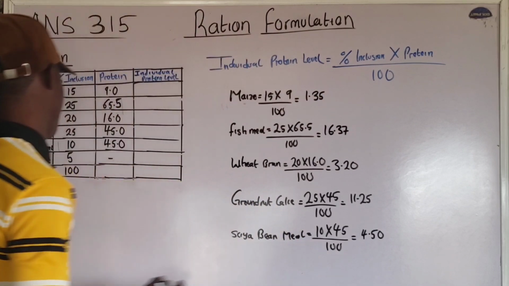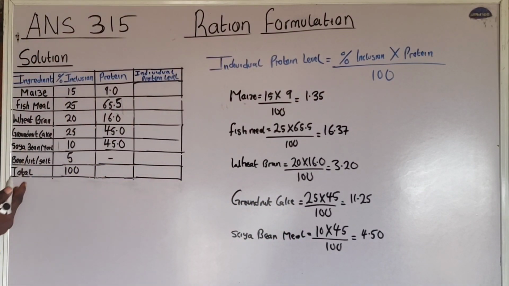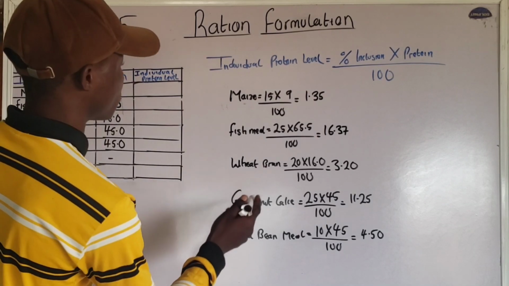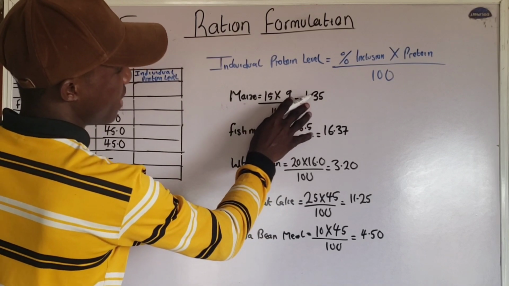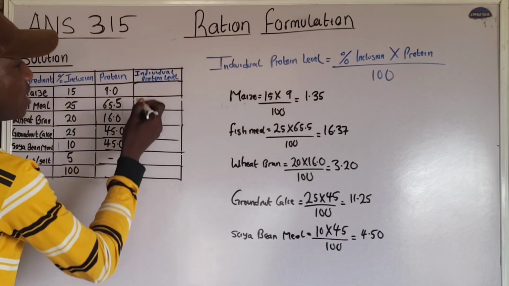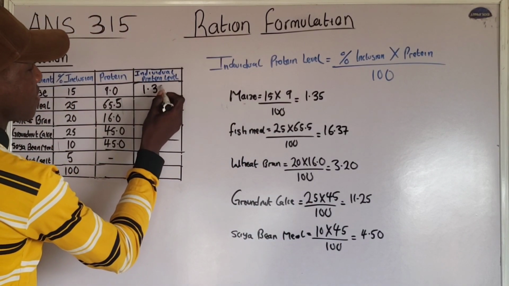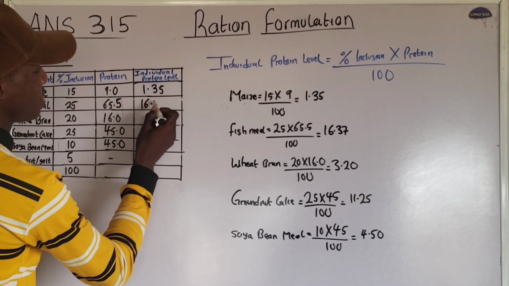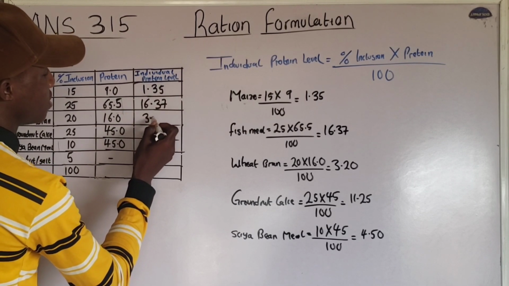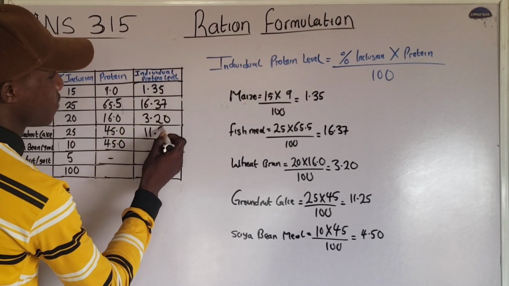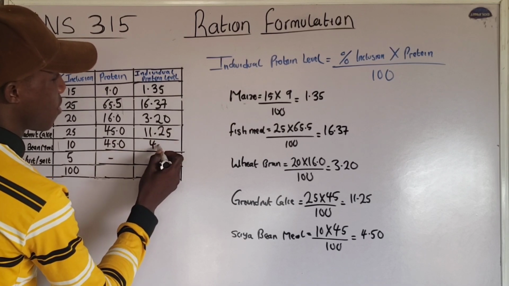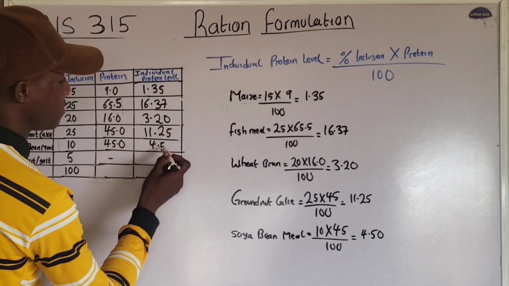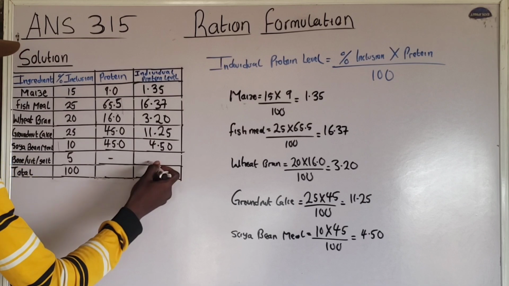Okay, so now you can see that for bone, vitamin and salt, if you multiply 5 times 0 divided by 100, that is undefined. You understand? So all we are going to sum together now are these five values. For this we have 1.35, then 16.37, then 3.20, 11.25, and 4.50. Then here is a dash.